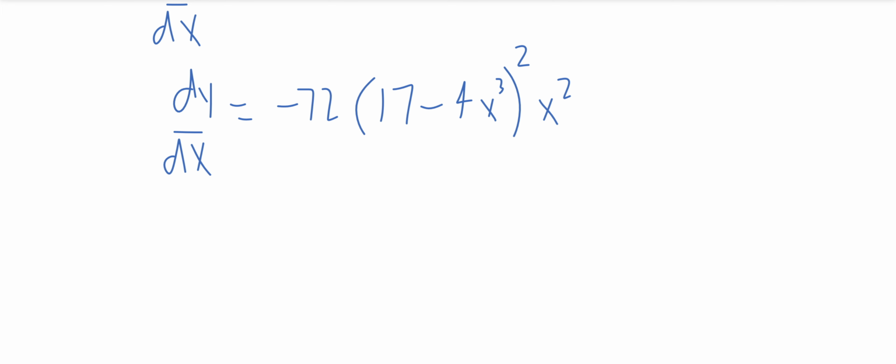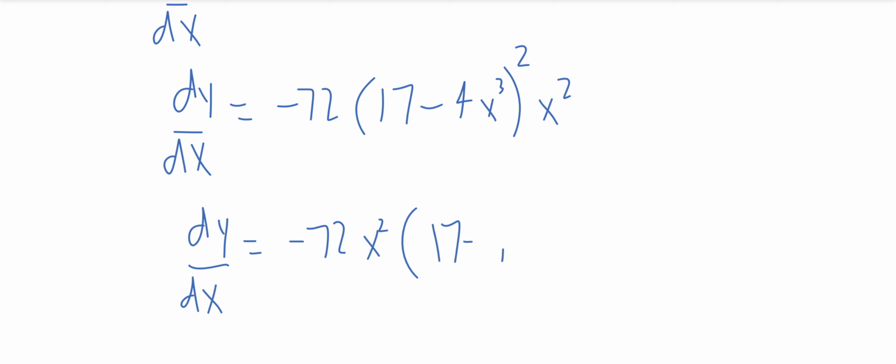And then finally, simplifying this, dy by dx equals minus 72x squared multiplied by (17 minus 4x cubed) squared.